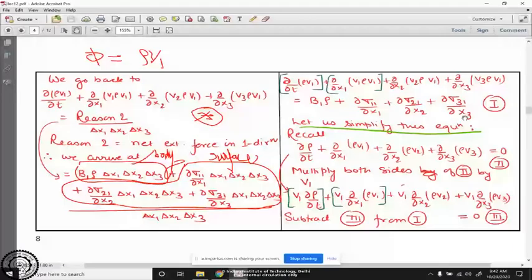Now let us simplify this equation a little bit, because many times in textbooks you will see a simplified form of the left hand side. The equation is the same, but a simplified form of the left hand side. So I want to do this exercise here. Recall that earlier I derived this mass conservation equation.